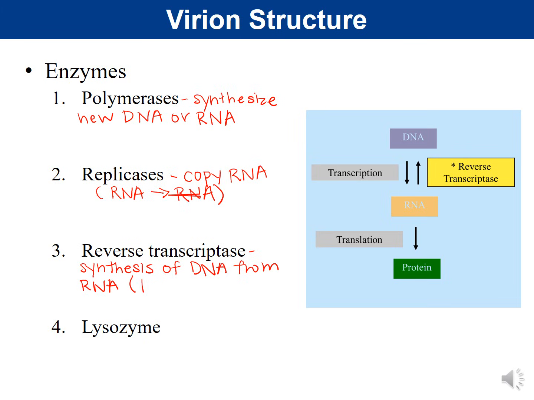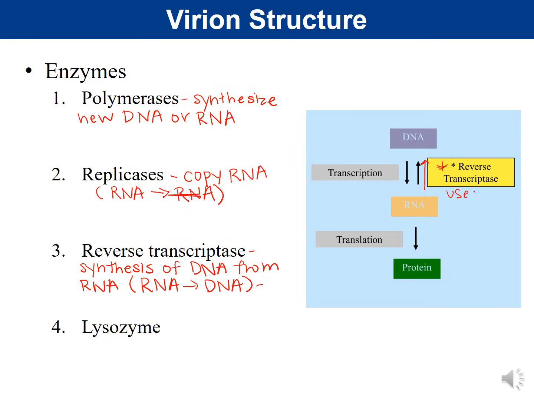And so again, it's going in the opposite or the reverse direction of transcription. And so we're going RNA going back to DNA. And so notice that in this case, reverse transcriptase allows viruses to go RNA to DNA.